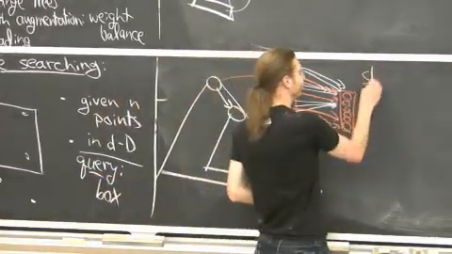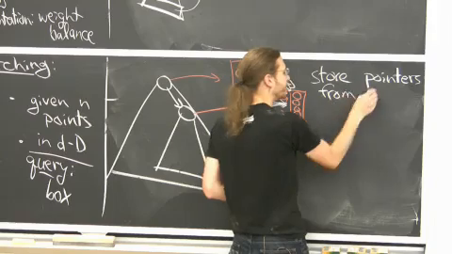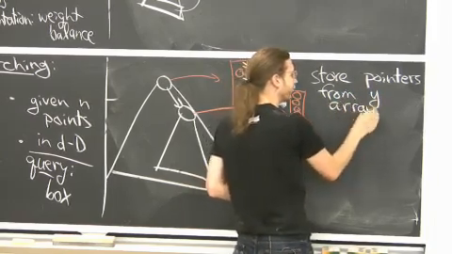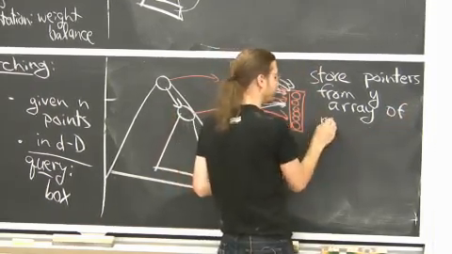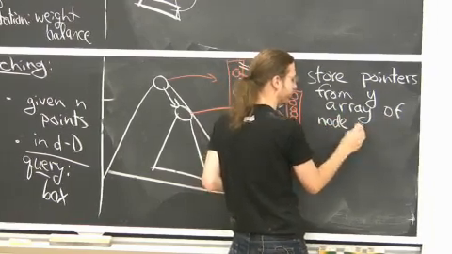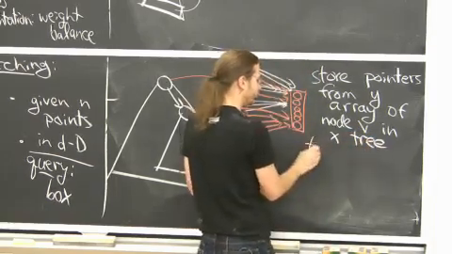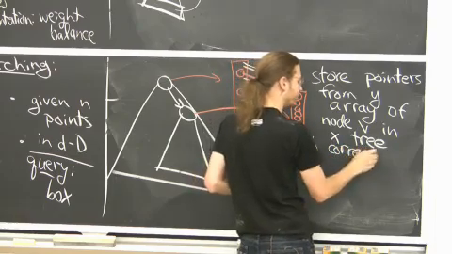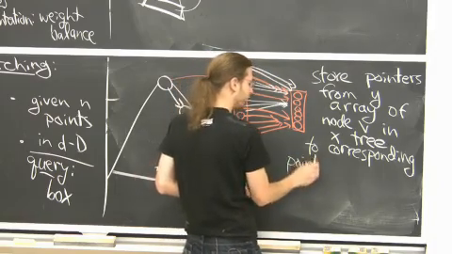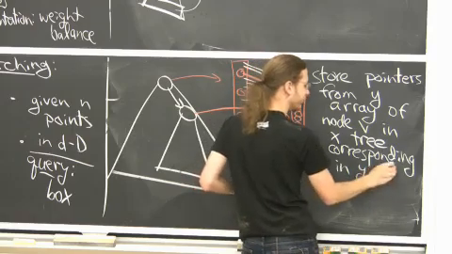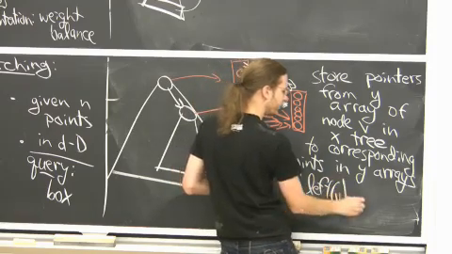I'm going to store pointers from the Y array of some X node, let's call that node V in the X tree, to the corresponding points in the Y arrays of the left child of V and the right child of V.